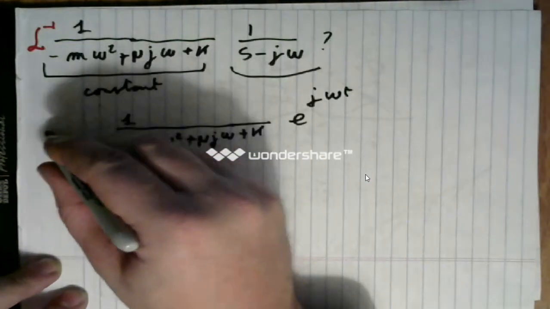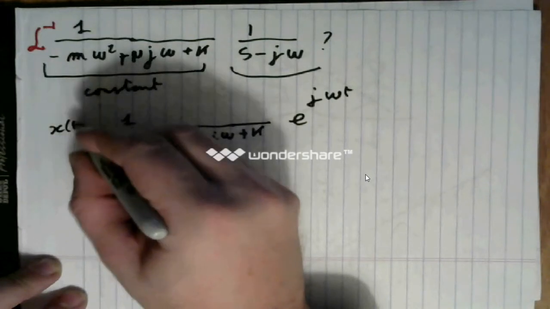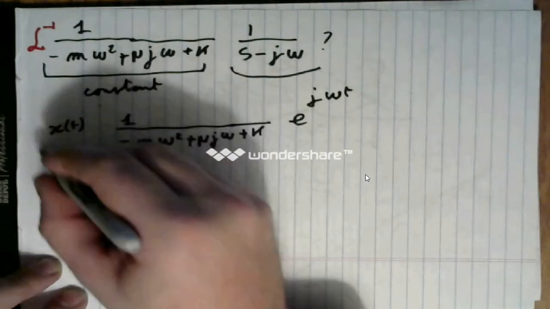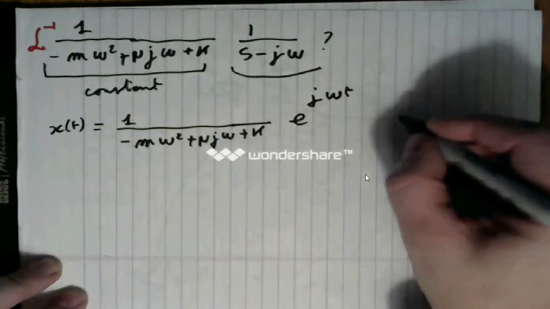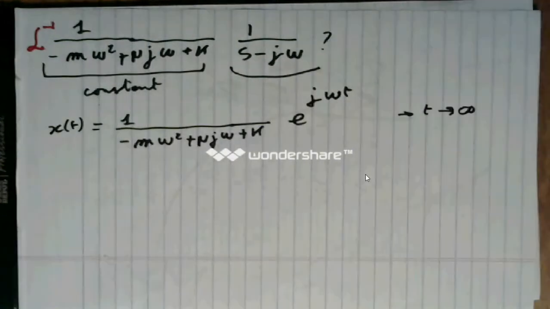That is that part of x of t that we have kept and that has not died off. So it is x of t when t tends towards infinity.